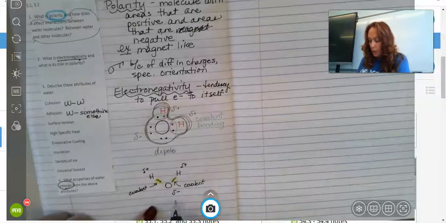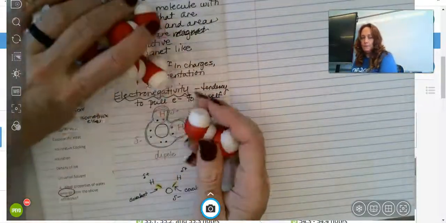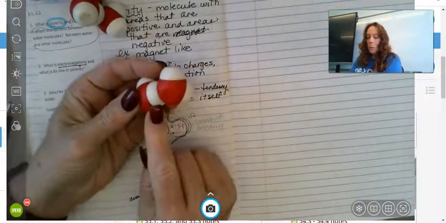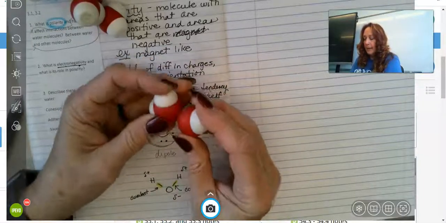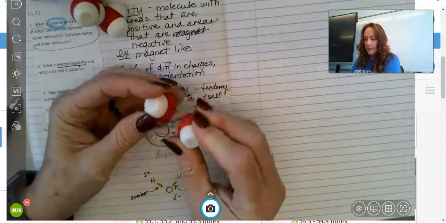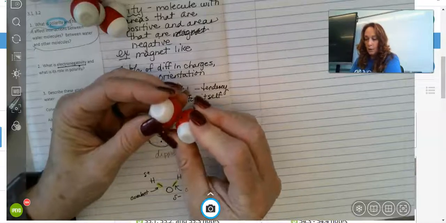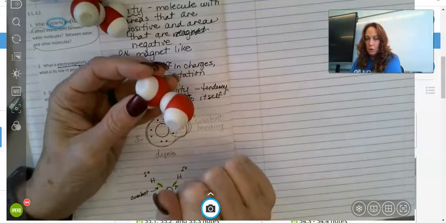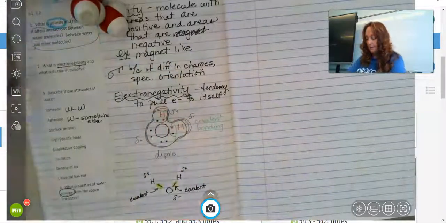So if I drew another water here, I couldn't put an oxygen with an oxygen. So here's my waters. So the white are the hydrogens, the red are the oxygens, and I can't make those bond. They will not. They're not attracted to each other. In fact, they're pushing against each other.